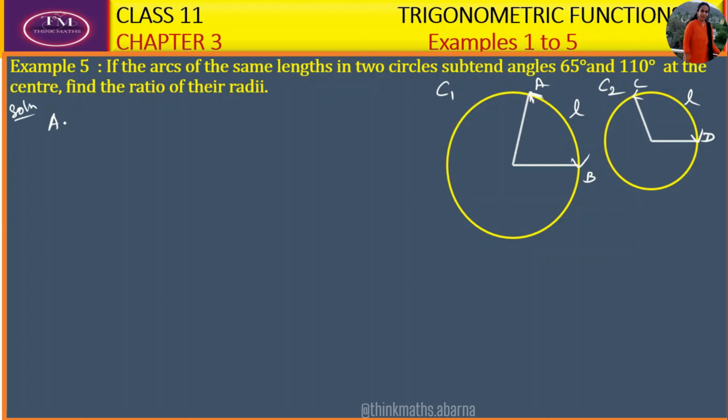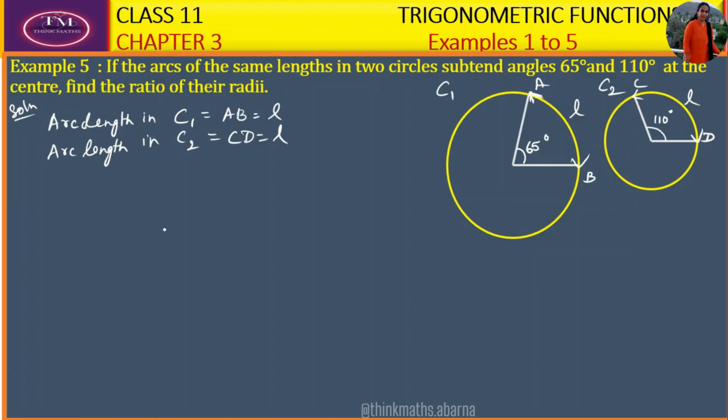So the arc length in circle C1 is AB, which is also L. The arc length in the circle C2 is CD, both are L. If the arcs of the same length in two circles subtend angle 65 degree and 110 degree at the center, find the ratio of their radius.